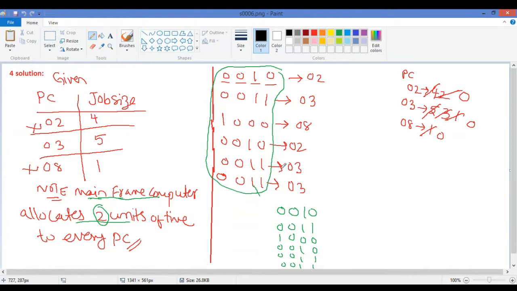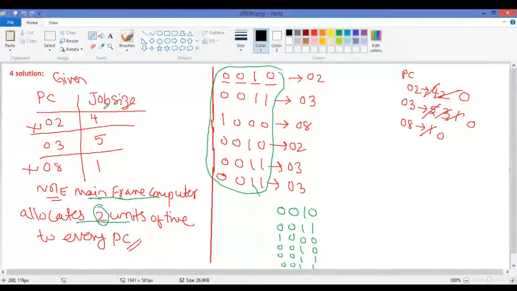So that's why in the second round PC3 is repeated, and in the third round when you repeat it, that 1 unit of time is finished. Till all becomes 0, you have to complete it. Suppose PC3 has 7 here, then one more time it will come, because its job size is bigger. It has to complete in 2 units of steps.